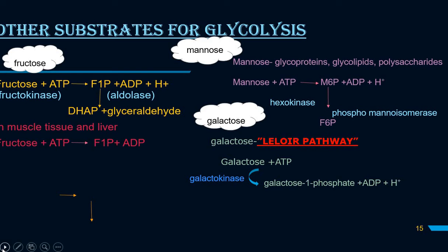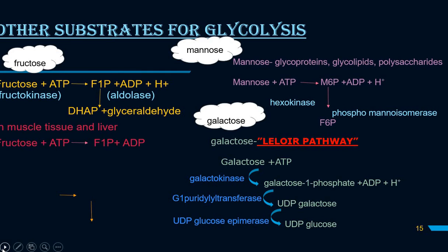So getting back to this pathway, galactose consumes ATP and produces galactose 1-phosphate, which is again converted to UDP galactose in presence of transferase, and this is converted to UDP glucose by epimerase enzyme. Next is glycerol.